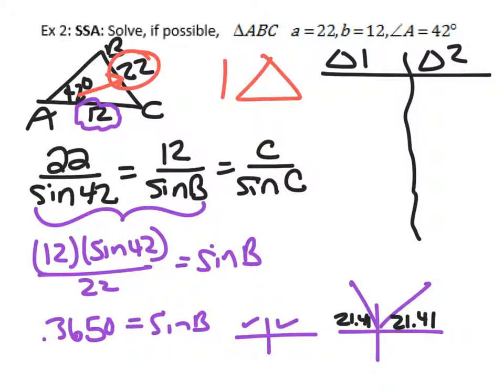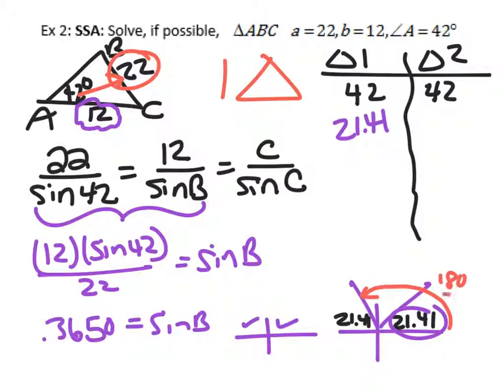So we already know we're going to leave the A at 42. Now you know your B is going to be 21.41 if it's in the first quadrant. But this angle here technically is 180 minus 21.41, which would get you a possibility of 158.59.